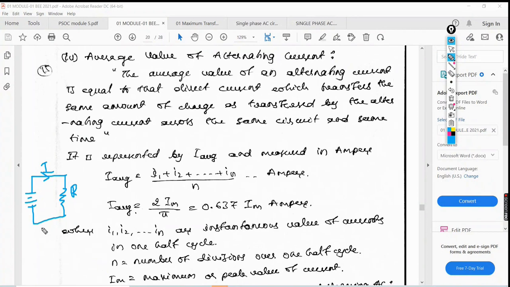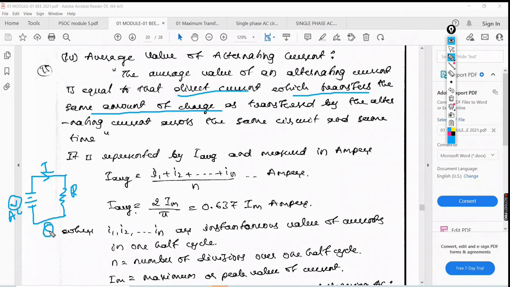I need to define the average value of the alternating current. Whenever you provide the DC power supply to a circuit, it should provide the same amount of transfer of charges when you replace it with the AC power supply.